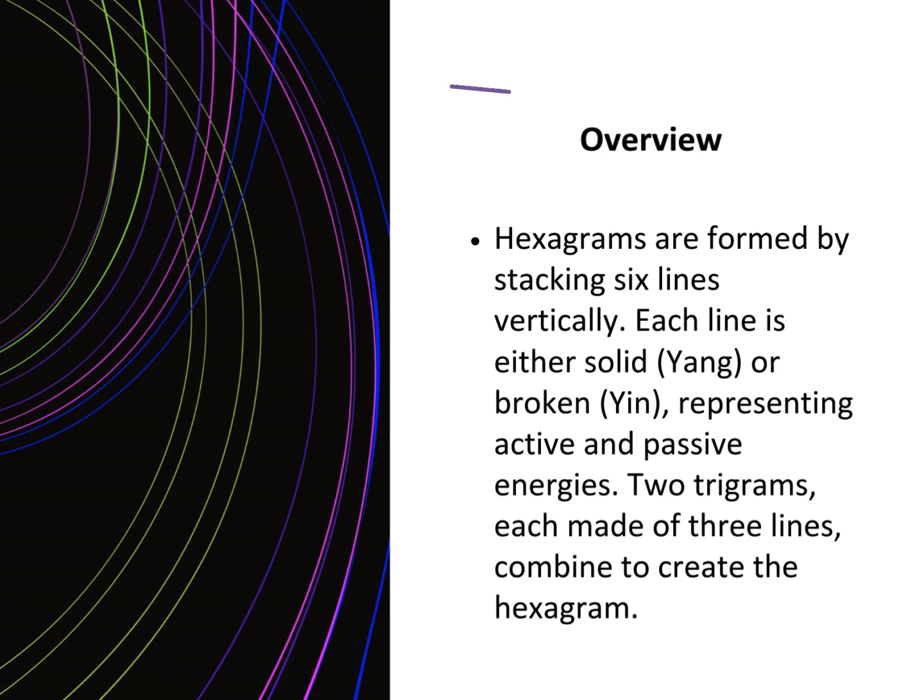It's male and female principles. That is, two trigrams, each made of three lines, combined to create the hexagram. Now, let's dive into an overview of how hexagrams are formed.